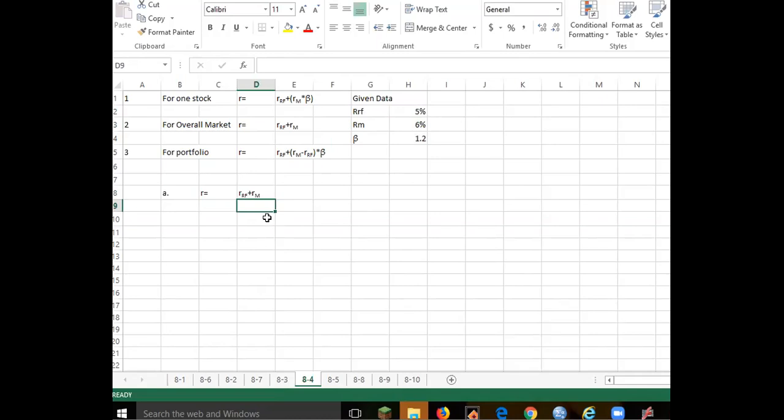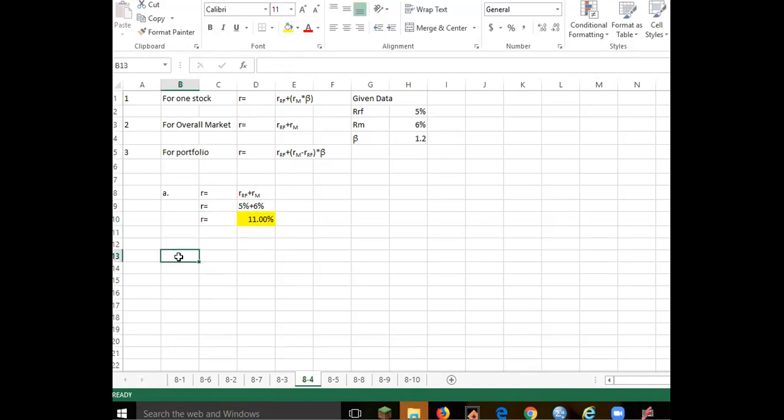We have risk-free return of 5% plus market risk premium, which is 6%. So the required return is 11%.